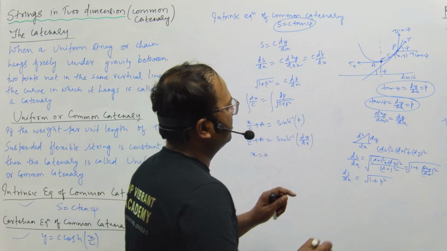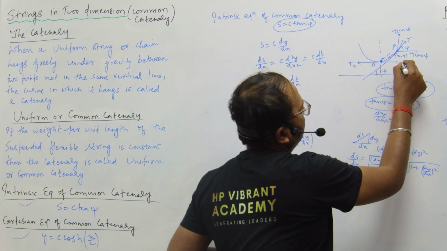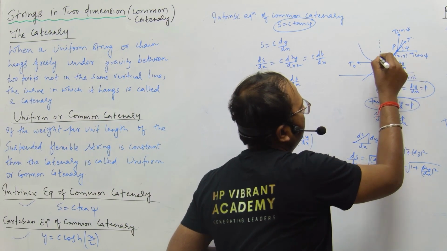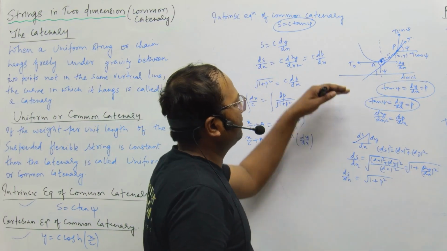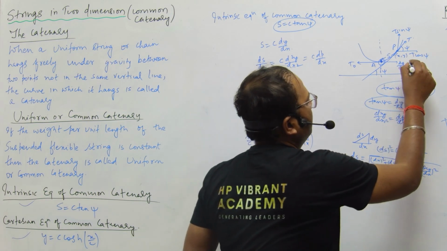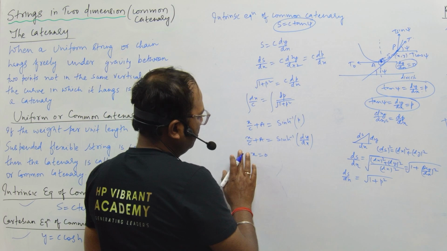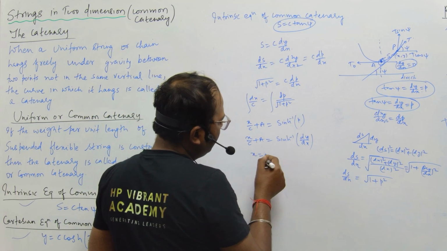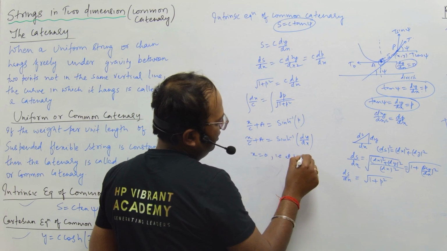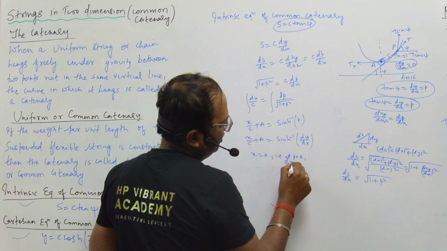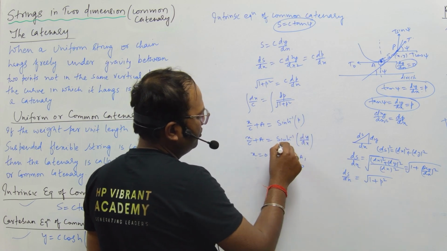Now let us take x equal to 0. At x equal to 0, which is point A, the slope is in the horizontal direction, so dy/dx is equal to 0 at point A. Since dy/dx is 0, this whole value will be 0.